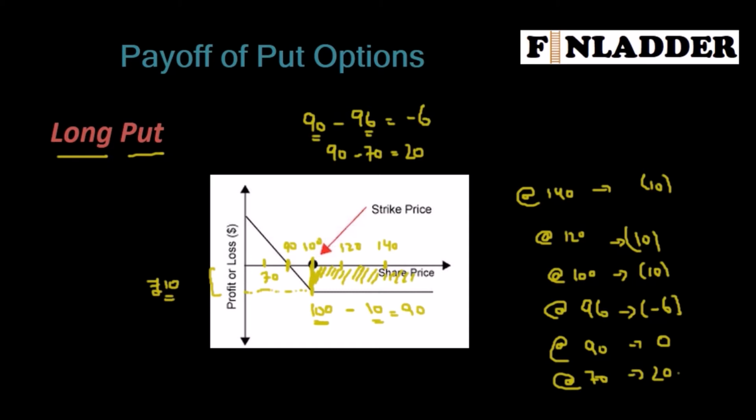In a scenario where the price ends at 0, a hypothetical scenario where the price of this share ends at 0, our profit would be 90 minus 0, which is 90. So the maximum profit we can have in the case of a long put is the strike price minus the premium. If the strike price was 100 and the premium was 10, our maximum profit can be 90.